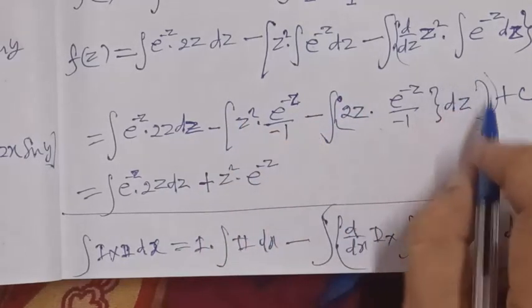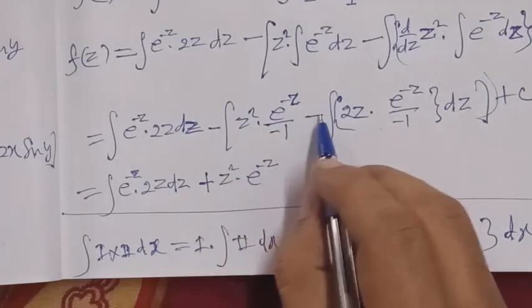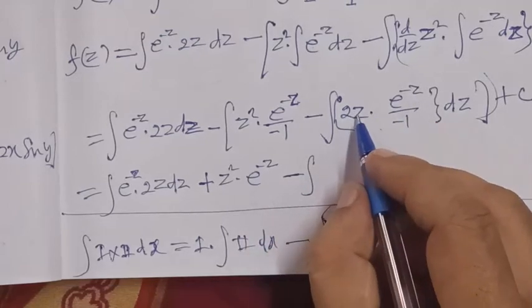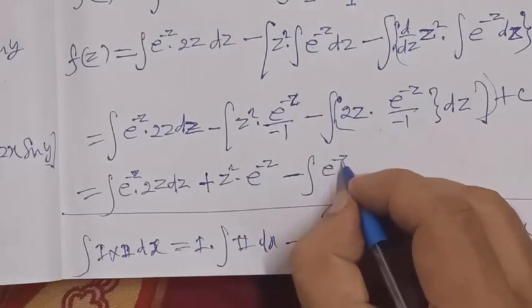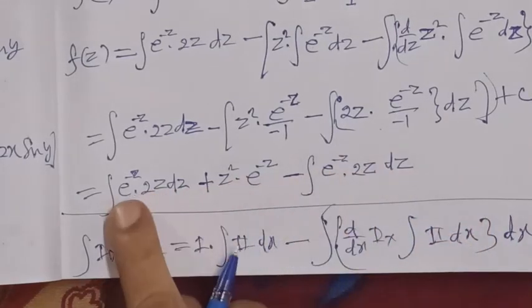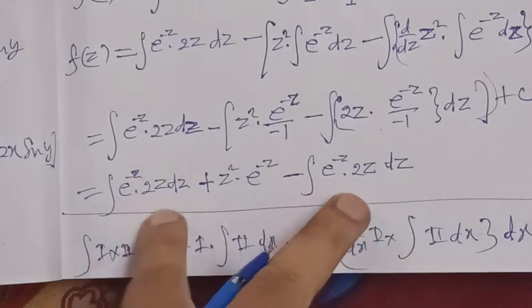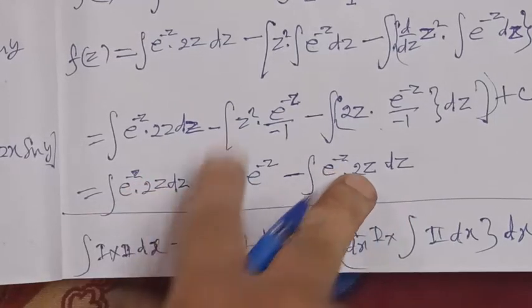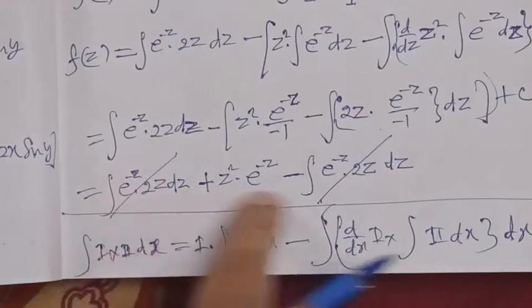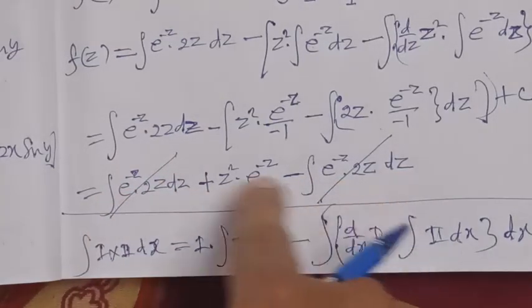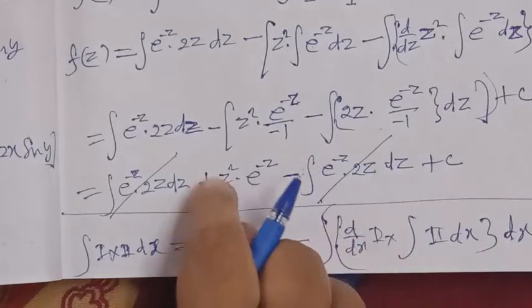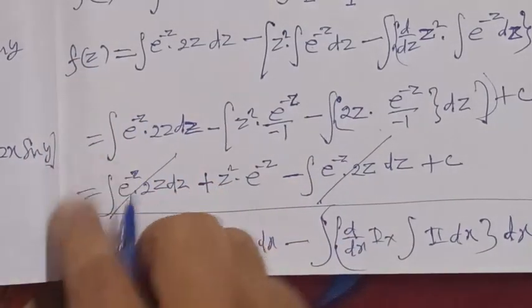When we open this bracket, we again change this sign to minus and write e to the power minus z first and 2z second, because I want to match this value, which can easily be noticed, and we can cancel it out because the signs of these values are different but the numerical value is equal. Plus c, left hand side equal to f z.